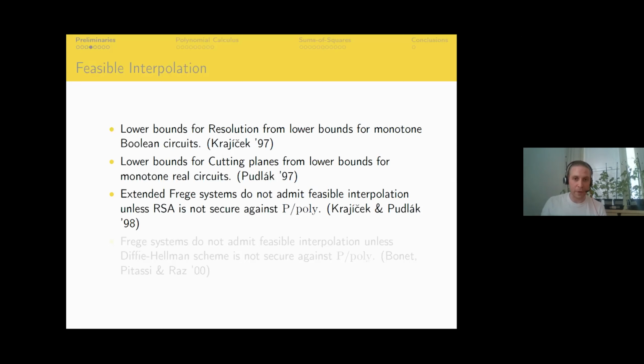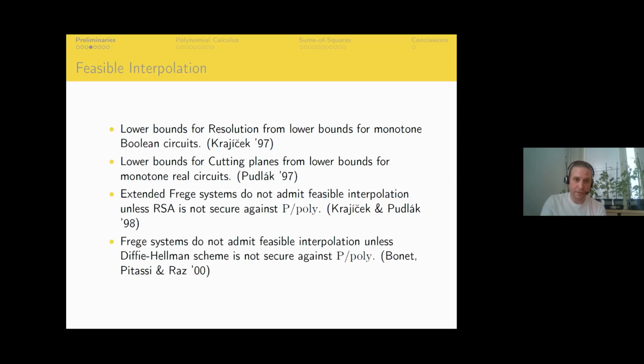If one had feasible interpolation, one could crack RSA basically. And this was extended to slightly weaker systems using a slightly weaker cryptographic assumption.